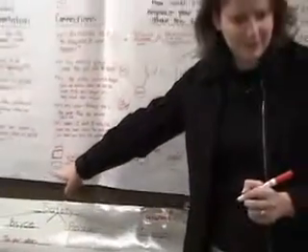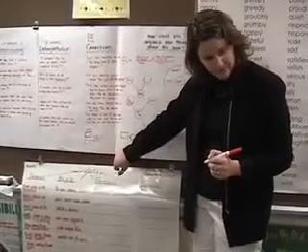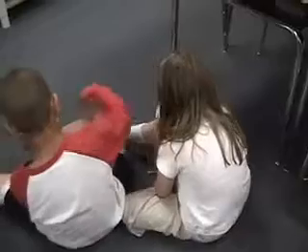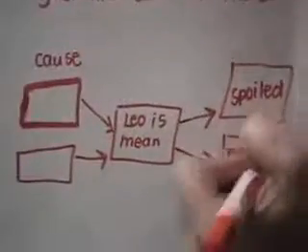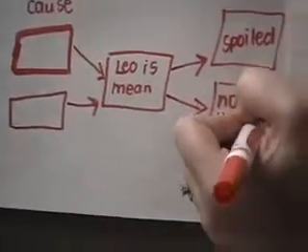Okay, so one of the causes you think was that he was wearing that crown. Reagan, what do we put on this side of our multi-flow map? Or become spoiled. We talk about what happens when he's mean. And one of the things that happened because he was this mean lion is that he was spoiled. No one liked him. They took away his crown, they didn't want him to be their king.